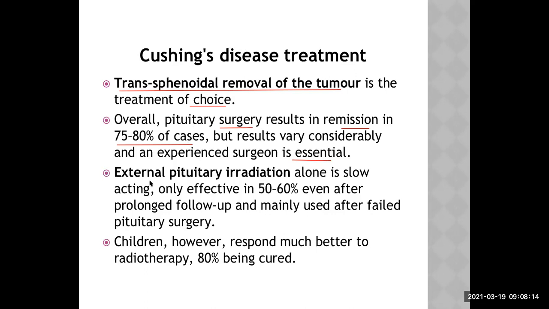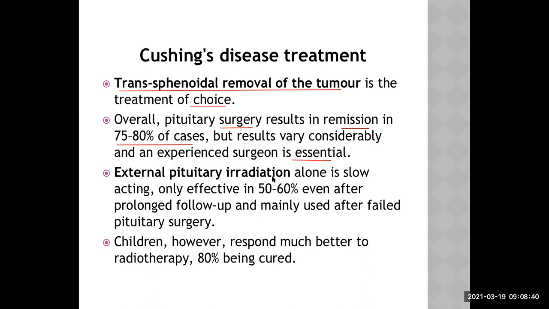Another way of treatment is external pituitary irradiation. This is known as radiotherapy. If there is a tumor, we can destroy that tumor with radiotherapy. But this radiotherapy is effective in 50 to 60%, even after prolonged follow-up. Now, this radiotherapy is not very commonly used, because it has so many side effects.